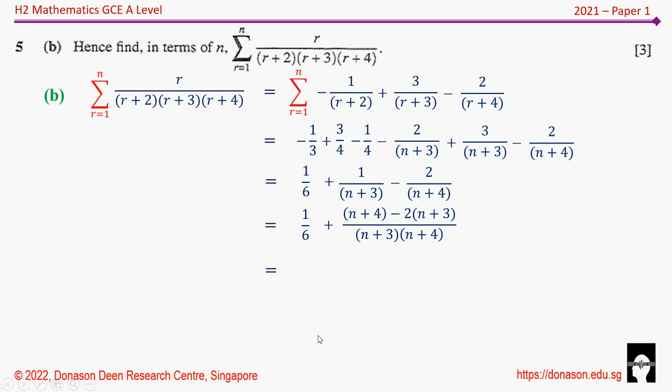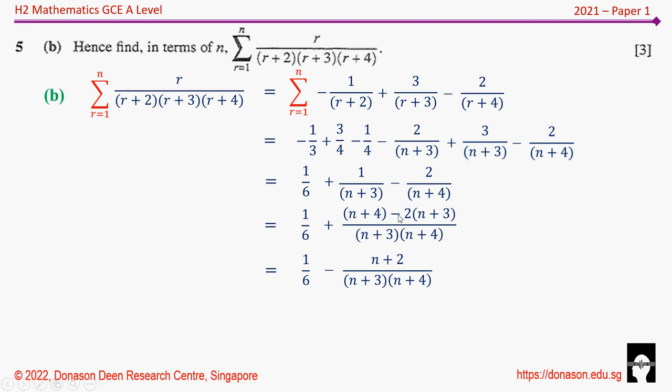Here I have combined n plus 3 and n plus 4. We can put them together and combine the fraction: 1 times n plus 4 minus 2 times n plus 3, which is what I have written as the numerator, because there is an n and a minus 2n, which could simplify. So we have a 1n and a minus 2n, and we have a 4, and then minus 2 times 3 is minus 6.